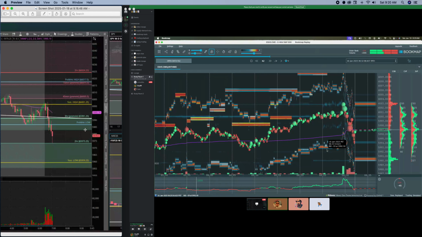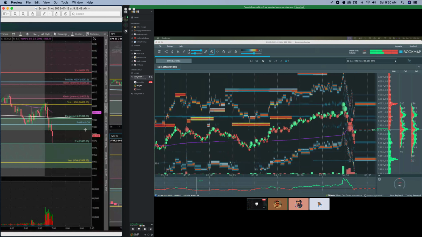Because it went past my box, just like in your screenshot, it went past the demand box, and I still took a long, but maybe I didn't know where exactly the selling was drying up, and it hit my stop. So I was like, oh, I got to get out. But then it passed my stop by a point or two, and then it went in my favor. And I'm assuming if you had the DOM, I could see it's drying up, so maybe I could have set a stop at a little more risk.